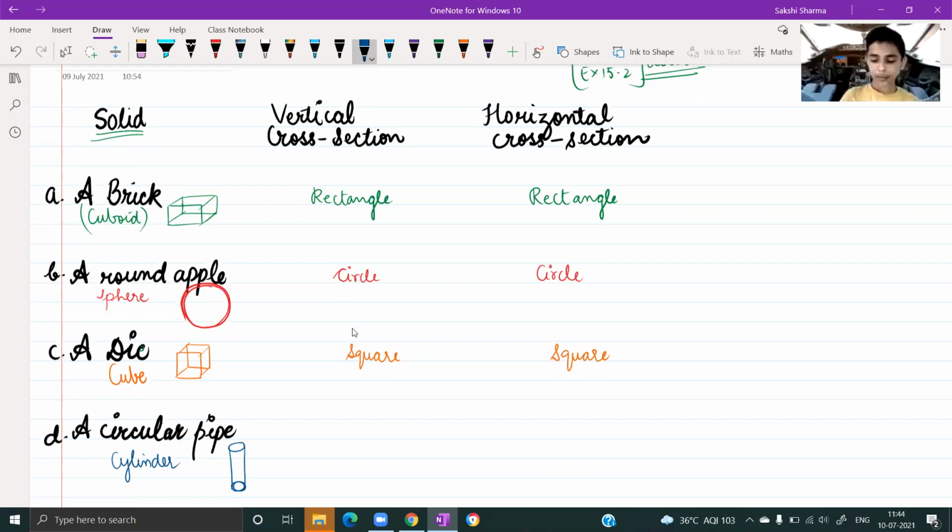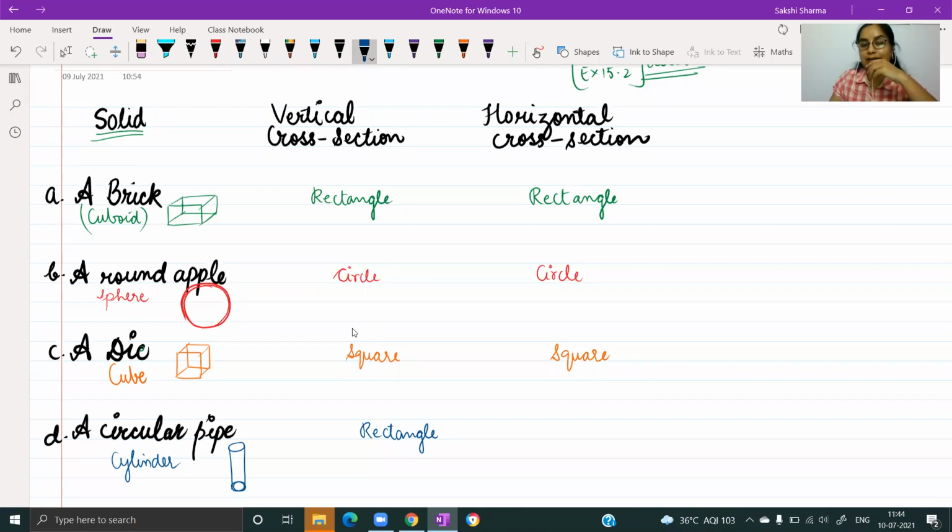आइसक्रीम कोन तो मैम वर्टिकली करेंगे तो मैम रेक्टेंगल आएगा क्या? कौन सा? आइसक्रीम कोन। A triangle.